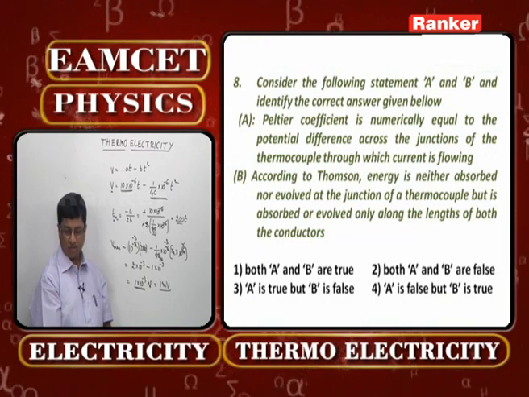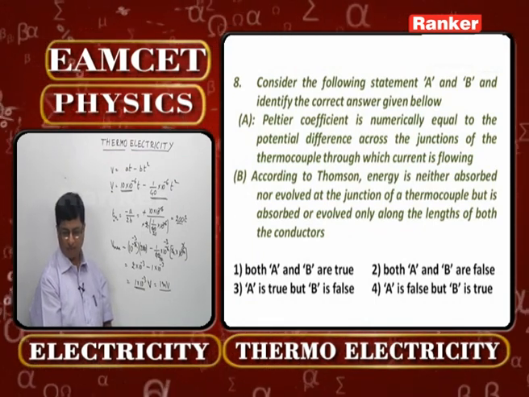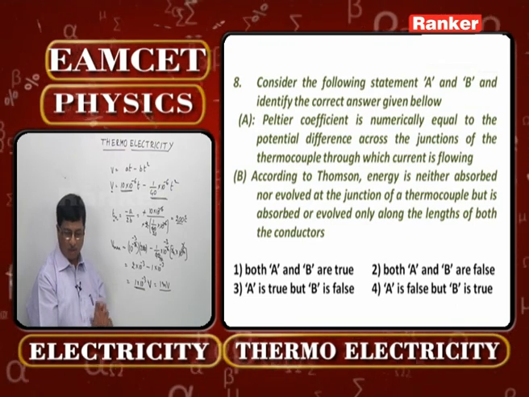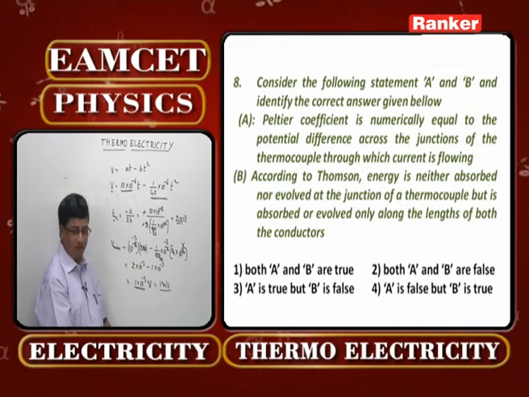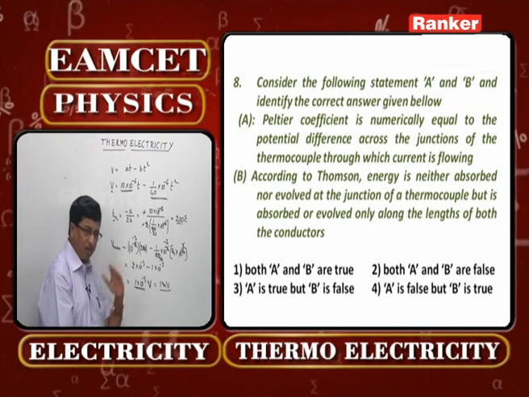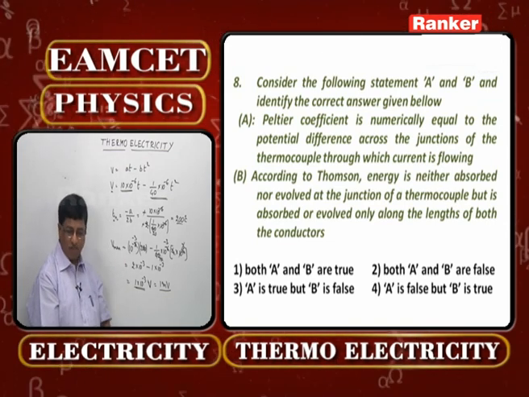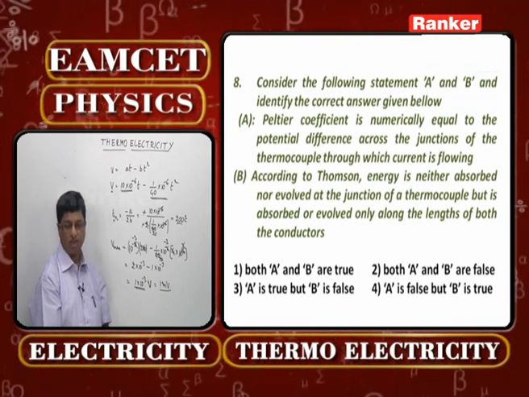According to Thomson, energy is neither absorbed nor evolved at the junctions of a thermocouple, but is absorbed or evolved only along the lengths of both the conductors. Thomson did not say that one. Actually what Thomson said is, throughout its length, at many a number of points heat evolution takes place, and at many a number of points heat absorption takes place.